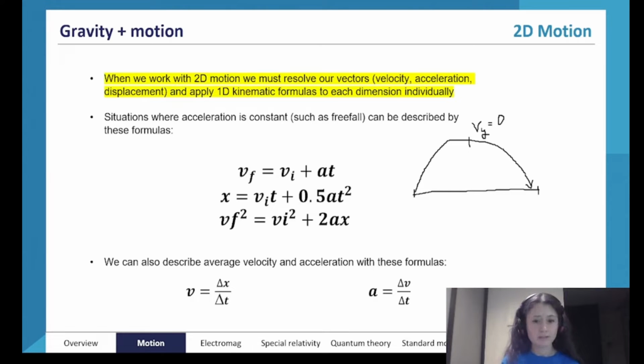Remember, the reason why the maximum height occurs at Vy equals 0 is because the projectile is decelerating, or it's getting slower and slower when it's moving upwards because the force of gravity is acting against it.